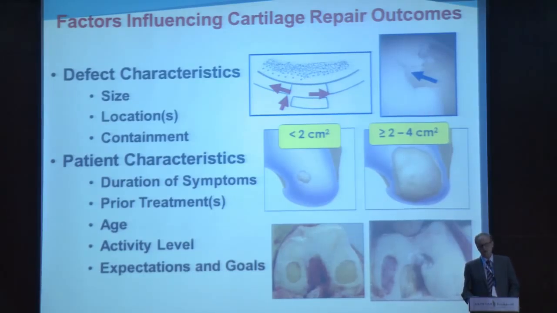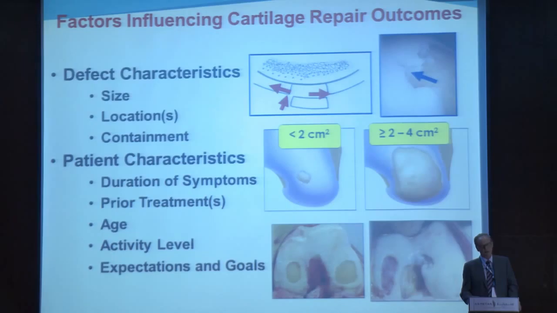There's a large distinction between 2 centimeter lesions and smaller, and 2 to 4 or larger than 4 square centimeters. In my series of 1,000 defects for ACI, the average size was 5.63 square centimeters. So when we talk about 2 square centimeter lesions, those are small comparatively.